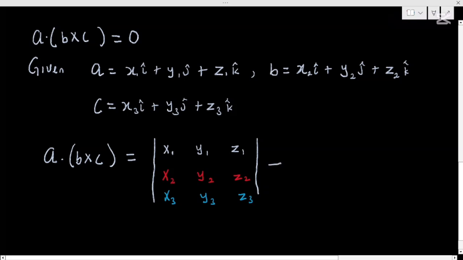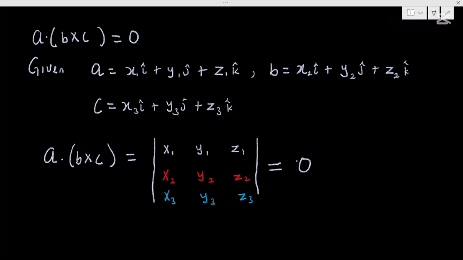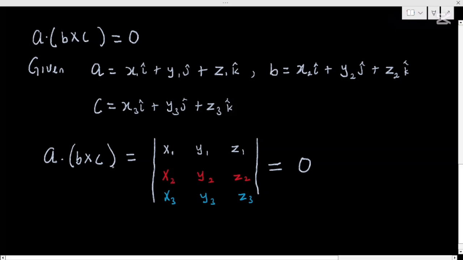All of these equal to 0. It means that when we find the determinant of this matrix and it is equal to 0, it means that the vectors are coplanar vectors. So now let's see some examples.